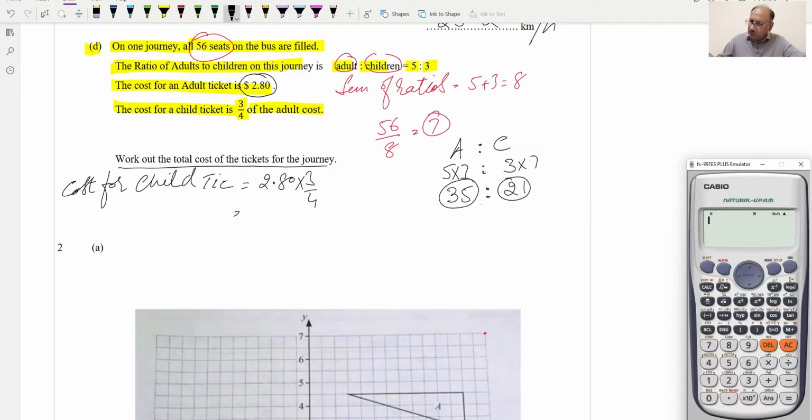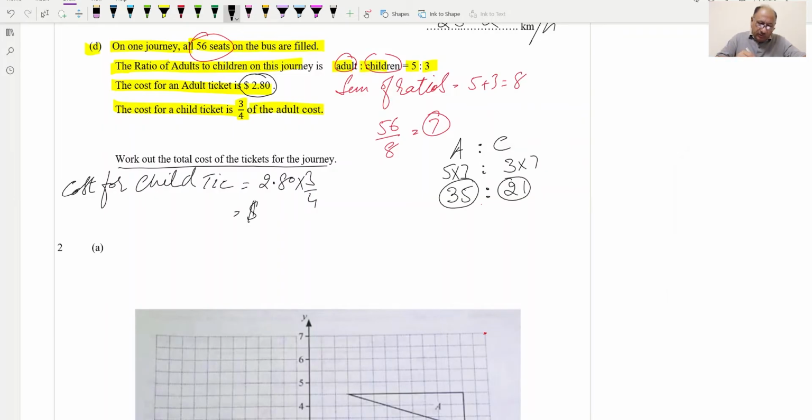We can calculate 2.80 multiplied by 3 over 4, and this is equal to 2.1. So $2.1 will be the cost for one child ticket, and the adult ticket price we know already.